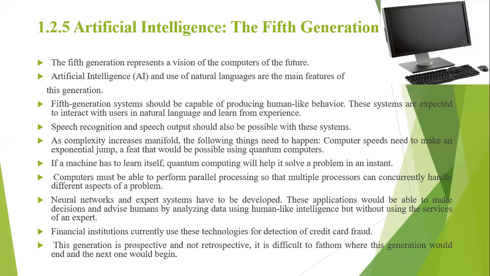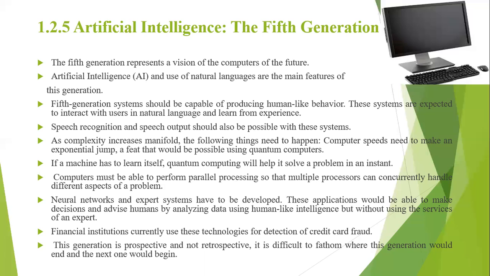I mean, or detecting and recognition of criminals or for such things. This generation is prospective and not retrospective. It is difficult to say where this generation would end and the next one would begin.